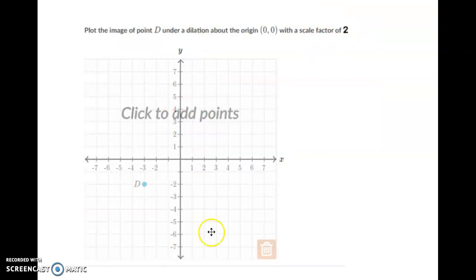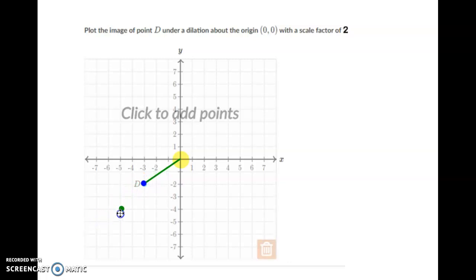The last problem, they have a coordinate plane and we're off to the side here. The dilation, again, is going to be about the origin, which is at (0, 0). So we're talking about that distance from the origin to this point D. When you drag that blue dot, is this distance going to get smaller or larger?